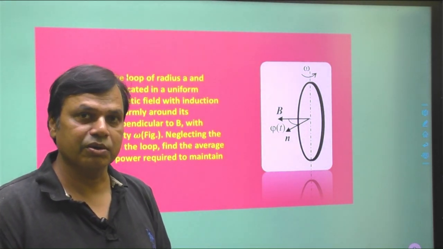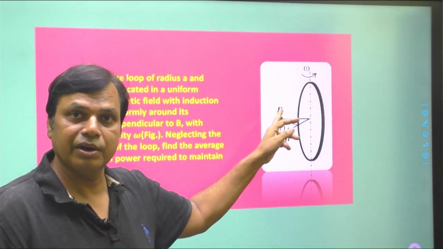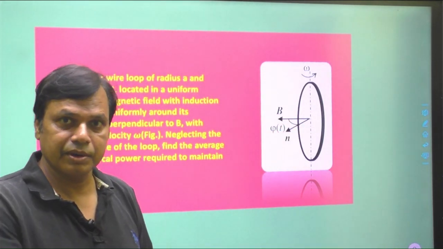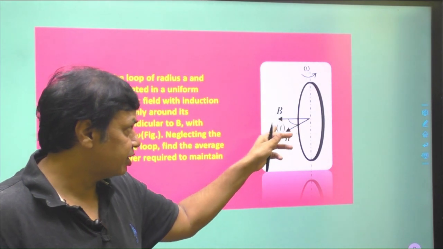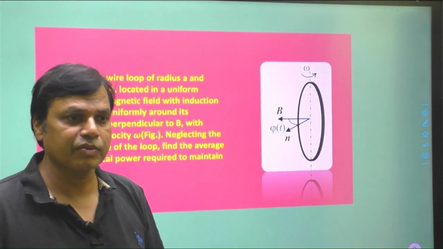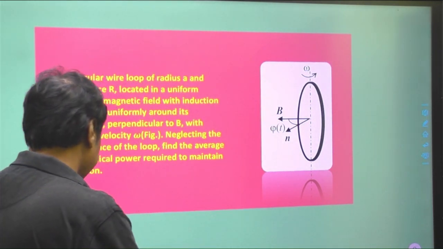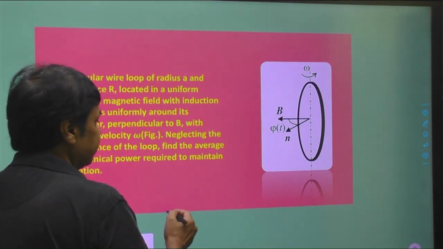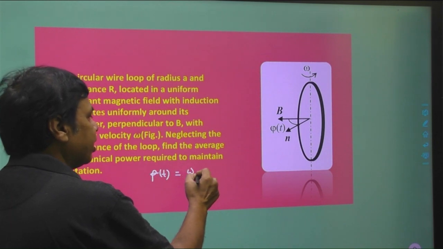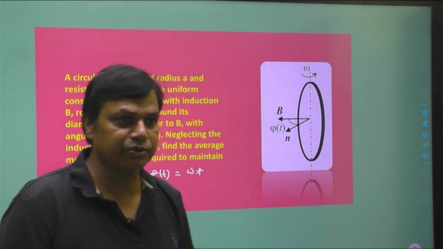You can see here that at any time t, the angle between the magnetic field vector and its area vector is something given here, psi t. This angle can be written as omega t, because it's also rotating at constant velocity, so both can be related.